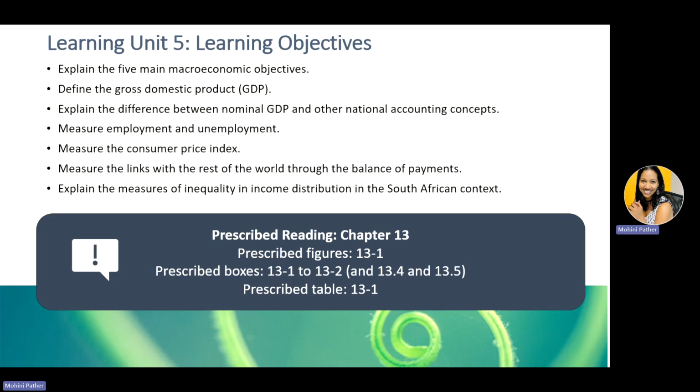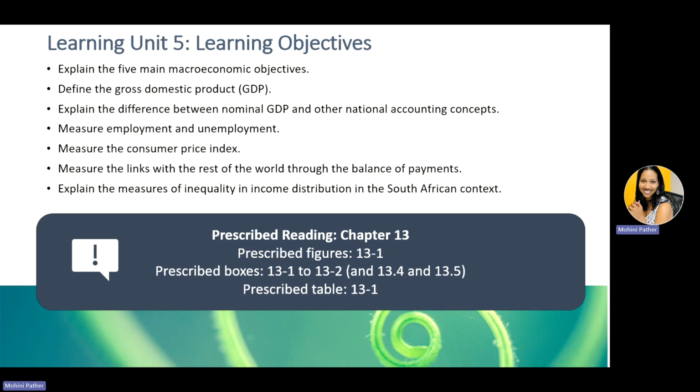And then the difference between nominal GDP and other national accounting concepts involves a lot of calculations and a lot of formulae. Even in the exam, we do give you a formula sheet, and I will provide you a version of that as well going forward from here, because this is where your calculations are going to start making an impact.